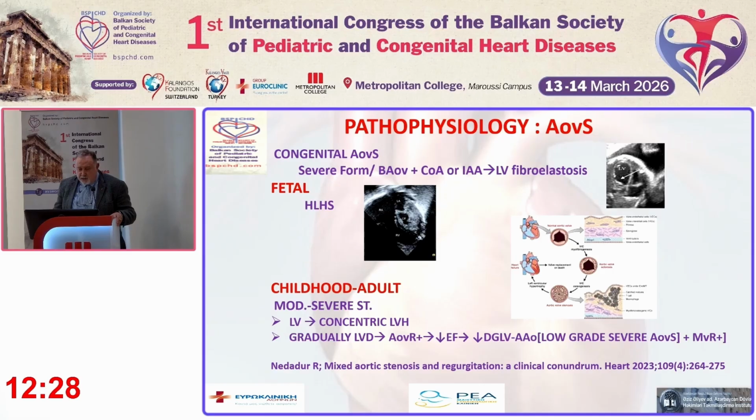We also have a clinical entity with severe aortic valve stenosis, a low ejection fraction and a low gradient between the left ventricle and the ascending aorta, plus mitral valve regurgitation.